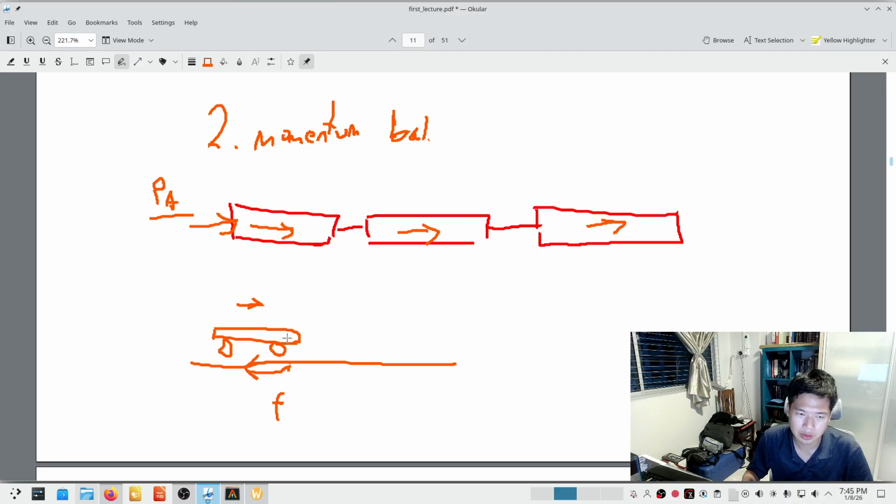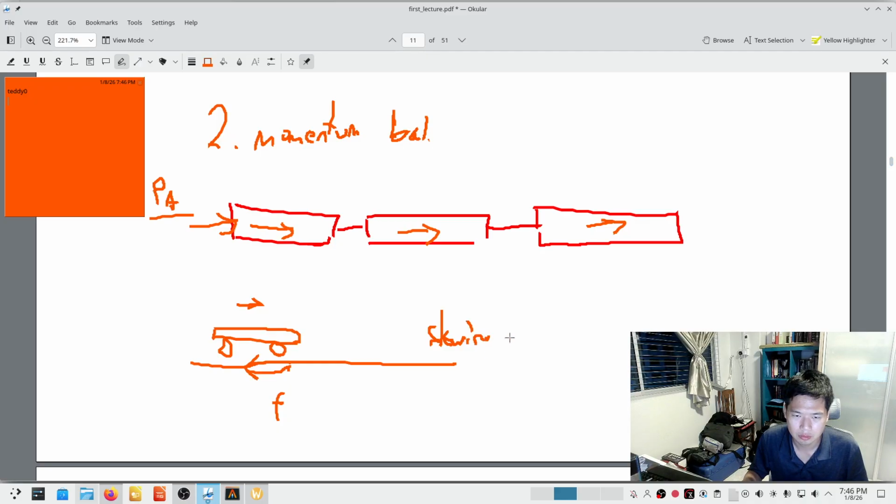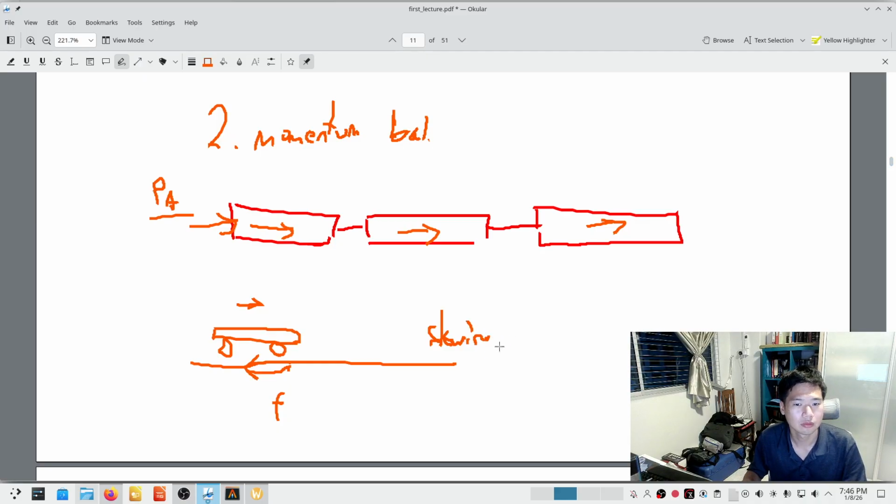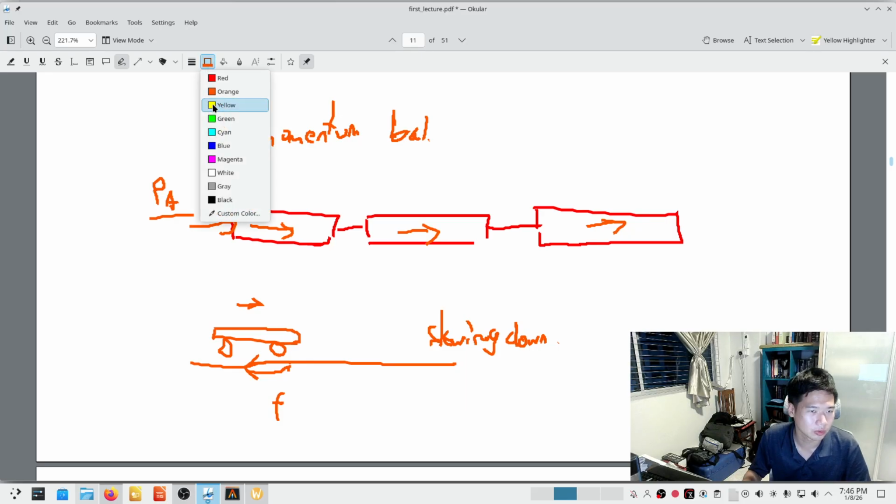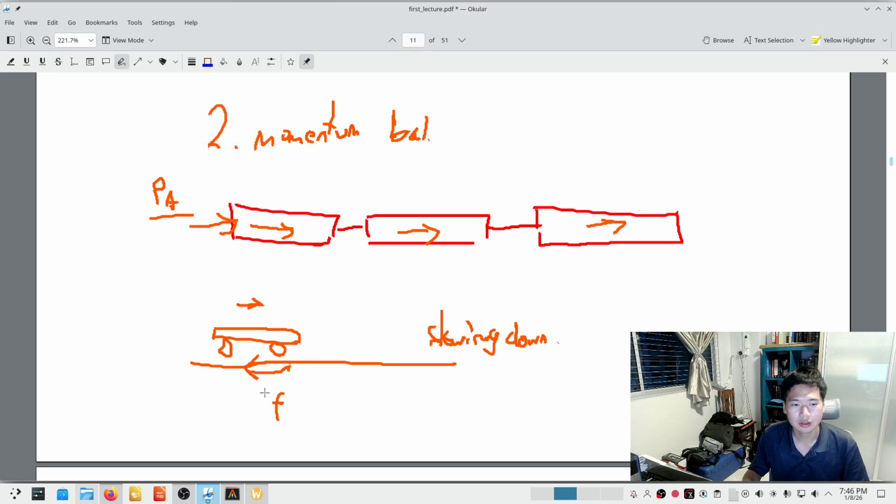So when you lose energy, you are taking the energy out of the cart, and the cart is slowing down. For a cart going to the right, it will lose energy by slowing down.